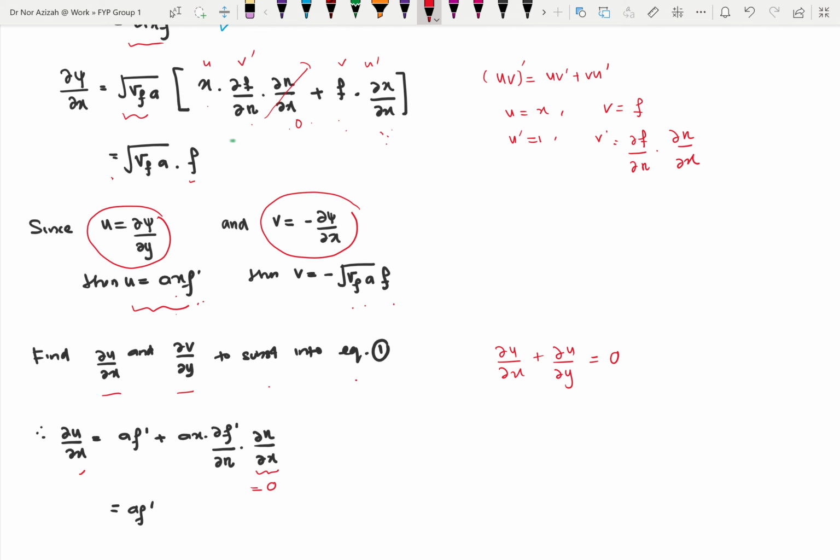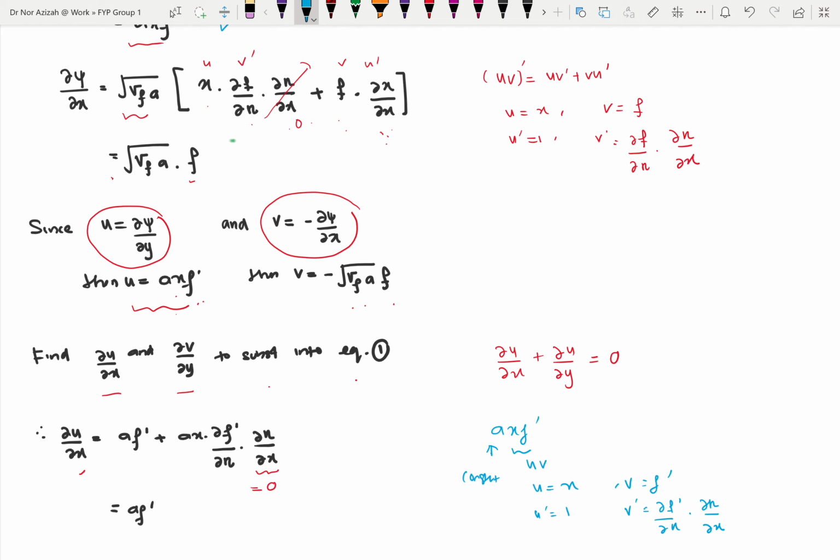So for uv prime, for ax f prime, a is a constant, and x and f prime we can let as u and v. So u equals x, v equals f prime. So u prime equals 1, and for v prime we use the one from before: del f prime del eta, del eta del x.